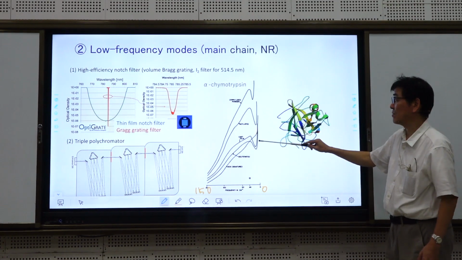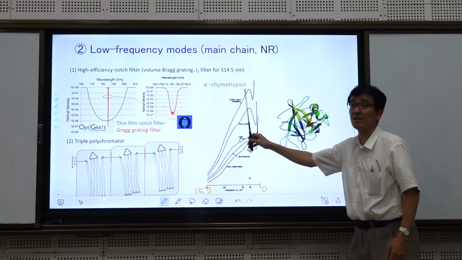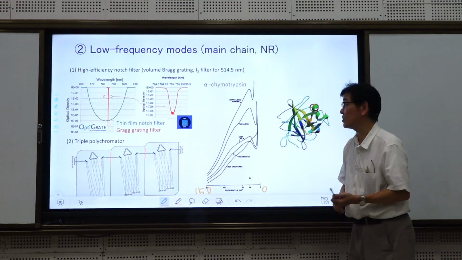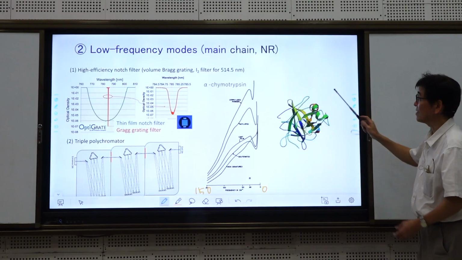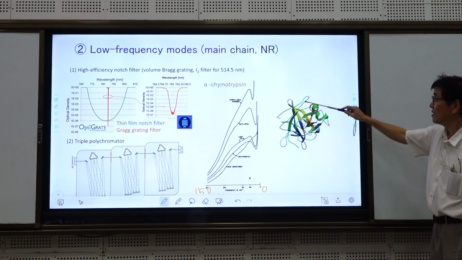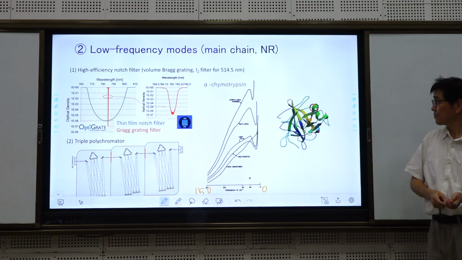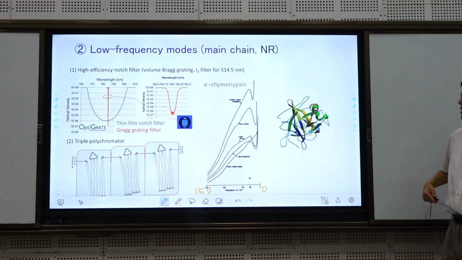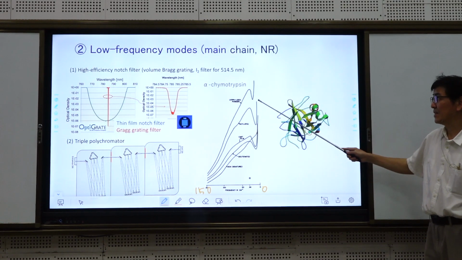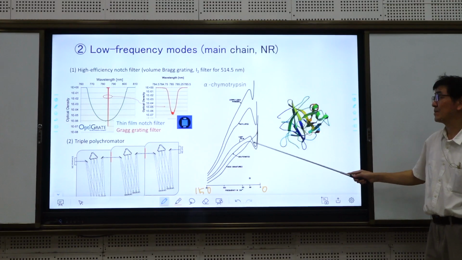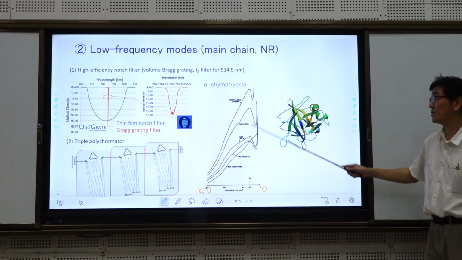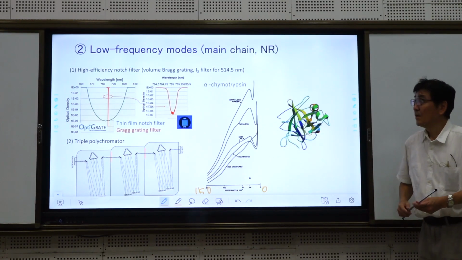And so we can detect some structural change depending on the experimental condition. This is chymotrypsin, in principle a beta-rich structure. Okay, so by analyzing in detail, we can get information on the structural change.